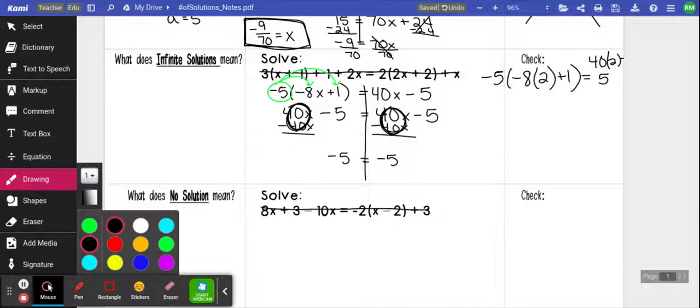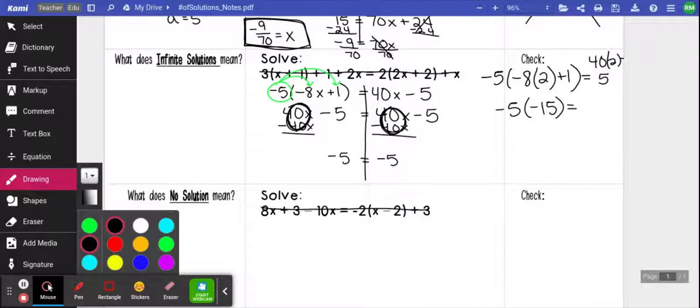Okay, first things first. What do we have to do first when we're solving problems? PEMDAS. Parentheses, good. Inside my parentheses, what's -8 times 2? -16 plus 1? -15. So good. -15 is what is inside my parentheses here.